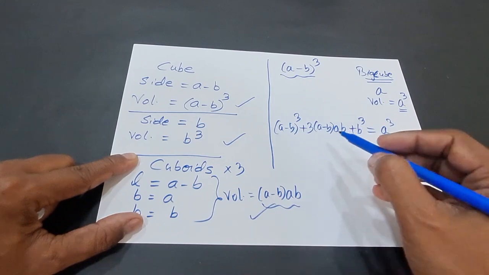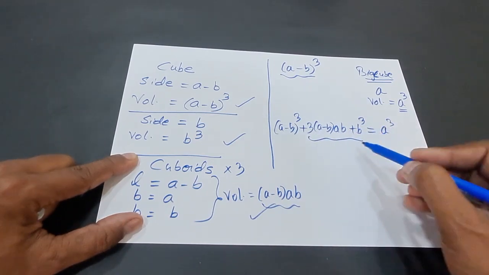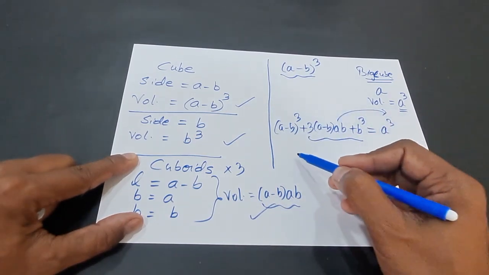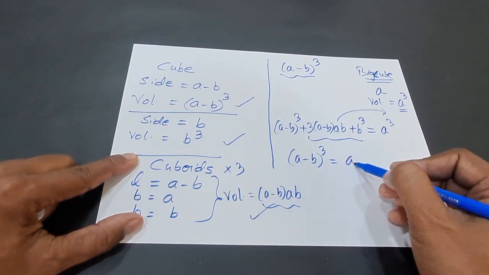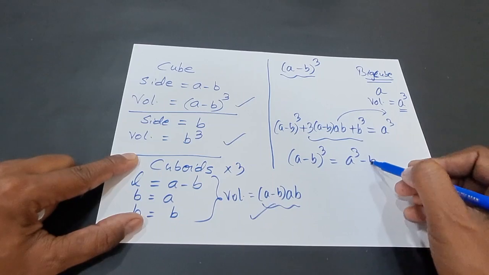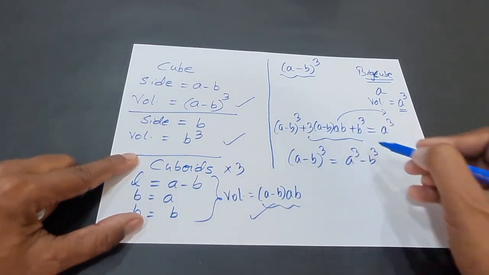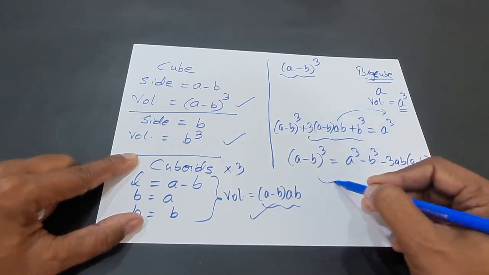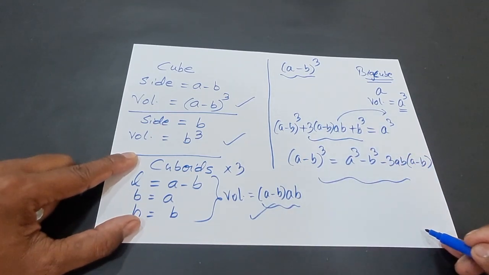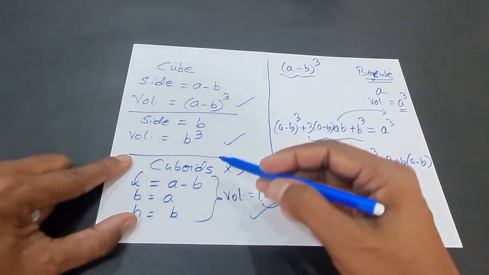Now from this, if you take these two terms to the other side, you will derive the identity (a minus b) whole cube, which is a cube, then minus b cube, and then minus 3ab (a minus b). This is the identity which we can derive using these cubes and cuboids.